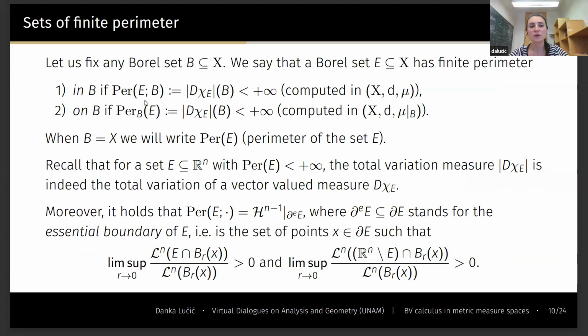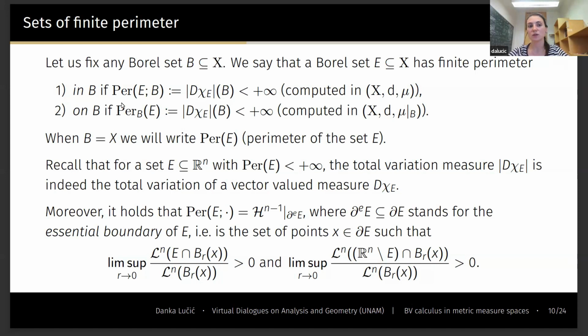We can look at the perimeter of the set E in B, which means the total variation of the characteristic function of the set E when computed in the metric measure space as it is, so the one we fixed from the beginning. We can also look at something else: we can restrict our measure mu to the set B and look at the same quantity but computed in this space.